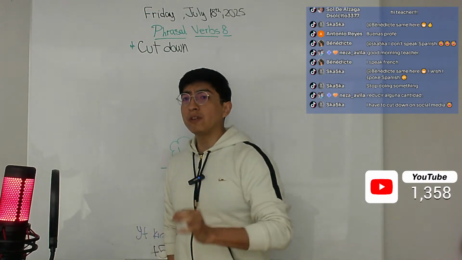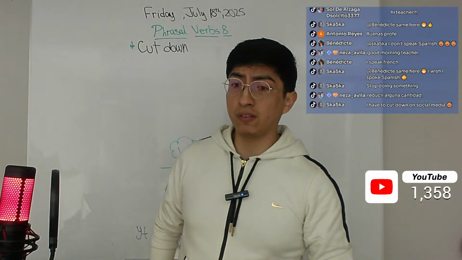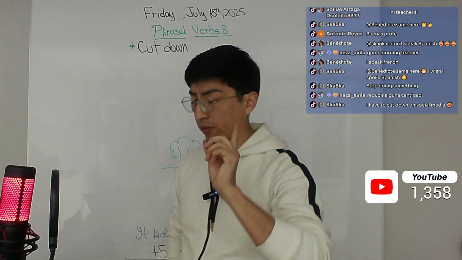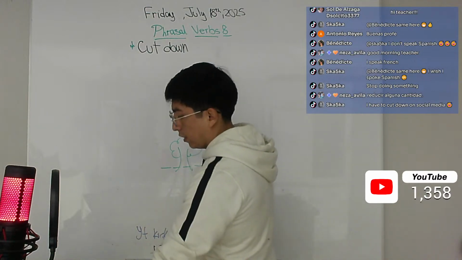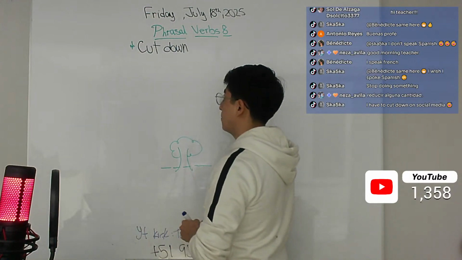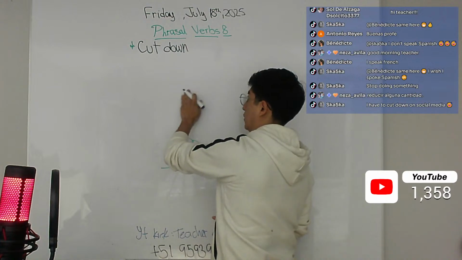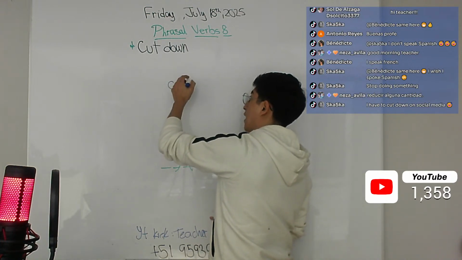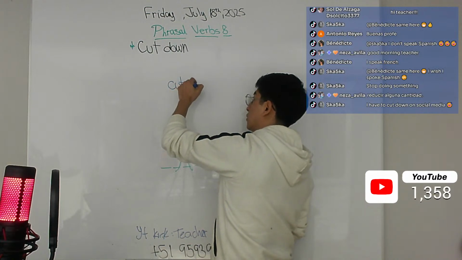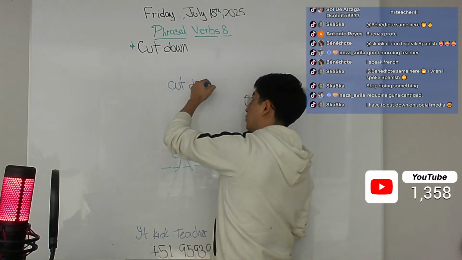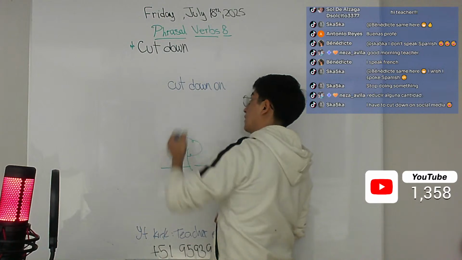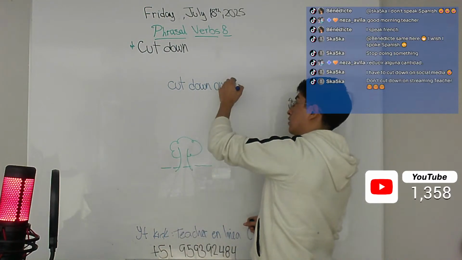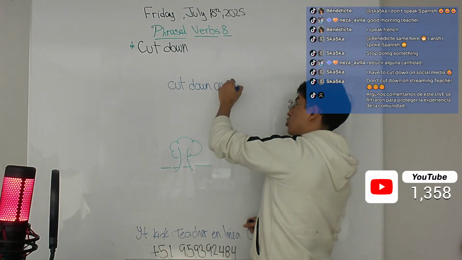So I'm gonna give you some examples of how to use this. I want you guys to write your own examples here. Okay, so one thing that you have to remember is this. Okay, down always needs a preposition. Okay, cut down on. The example that we use here is cut down on sugar.